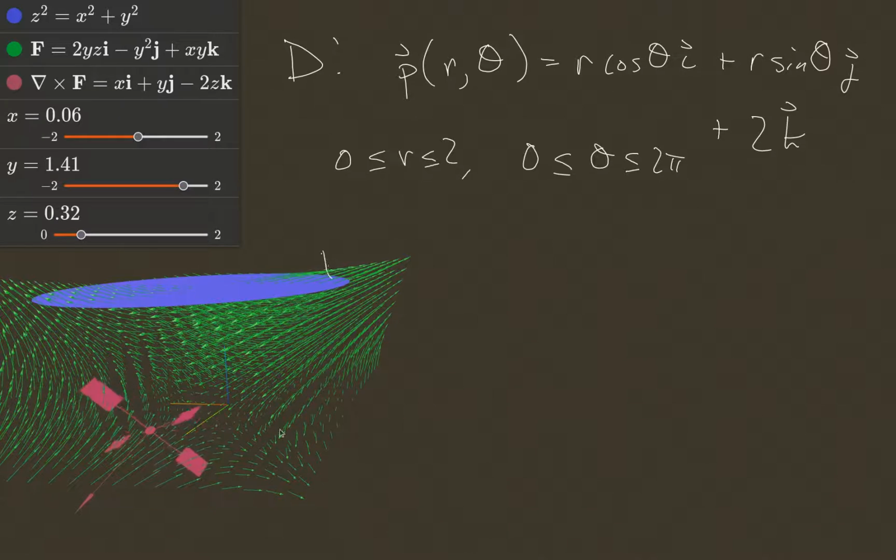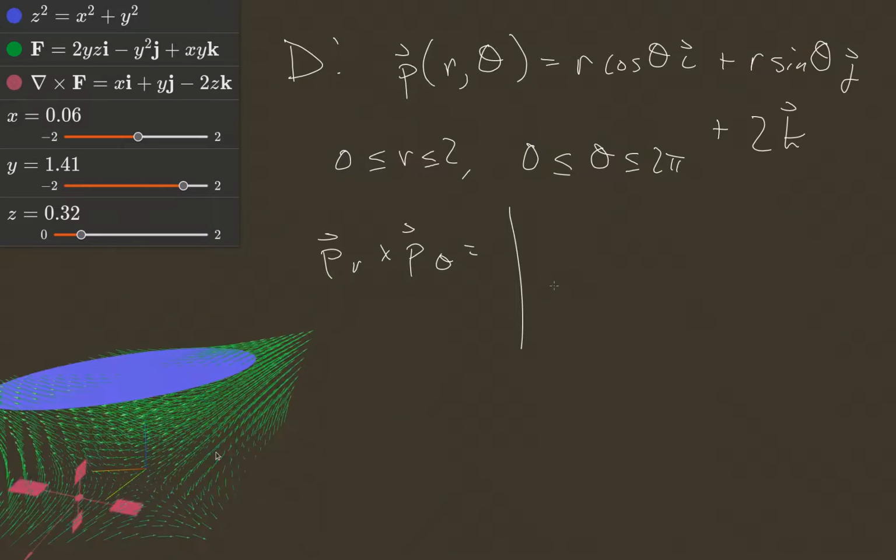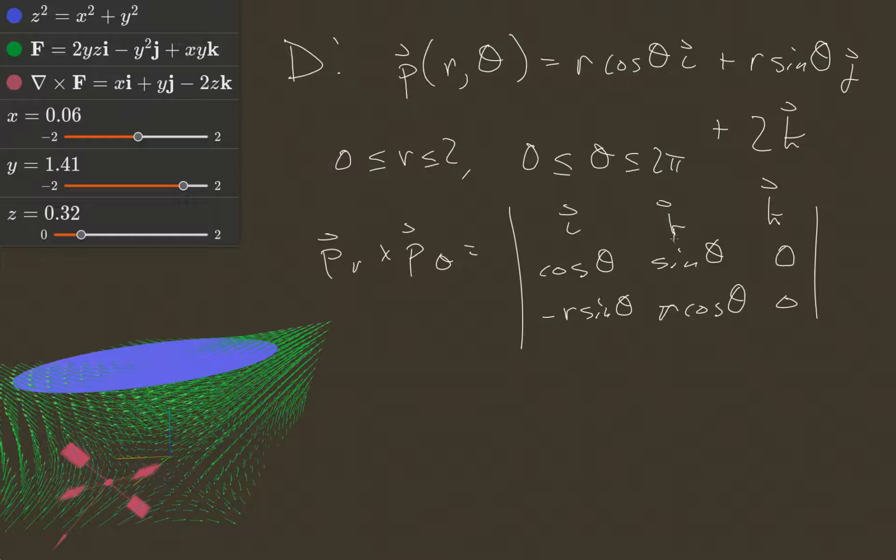Now this gives p_r cross p_theta, the determinant of cos theta, sine theta, 0, and negative r sine theta, r cos theta, 0, i j k. Well, in this case we actually could have just observed by looking at it that the normal of this is going to be straight up. The normal here is just r k.